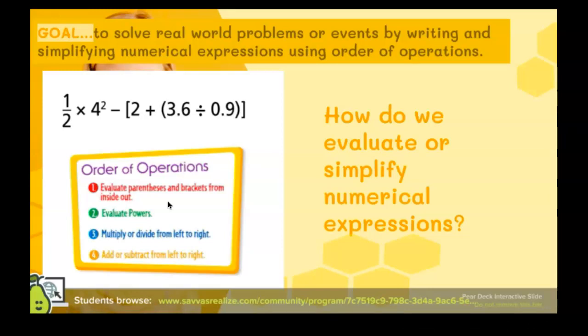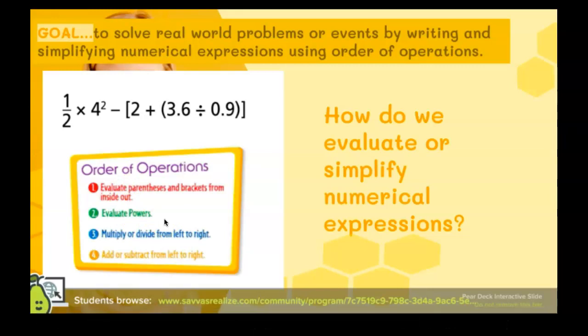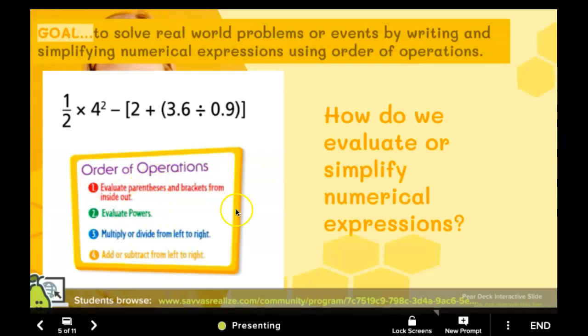Then evaluate or simplify powers or exponents. Then multiply or divide from left to right. Then add and subtract from left to right. So this is where your PEMDAS, as you usually say, comes in. It's just your secret for order of operations. Let's see what the slide says.